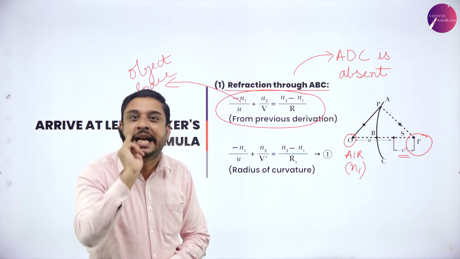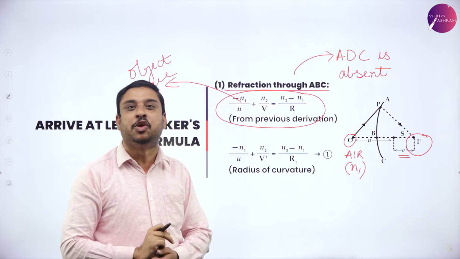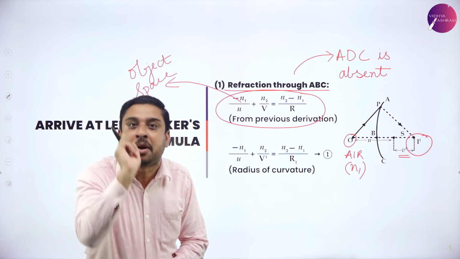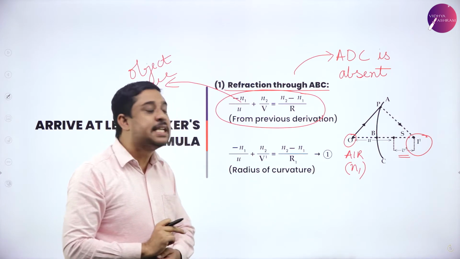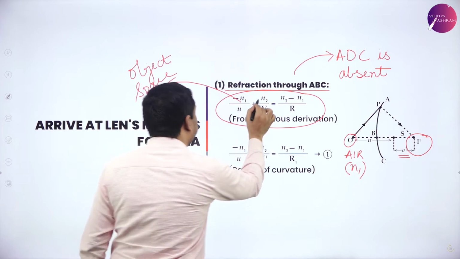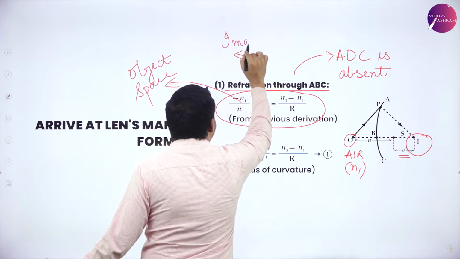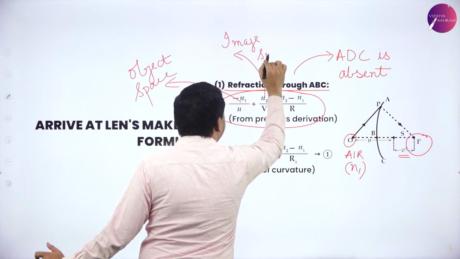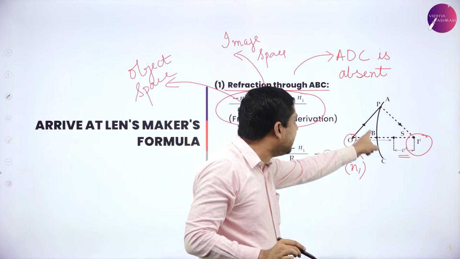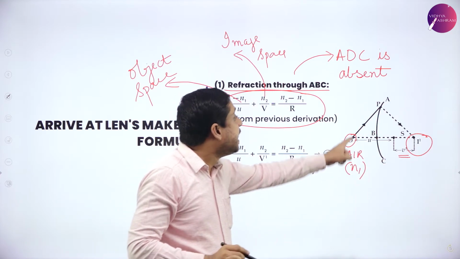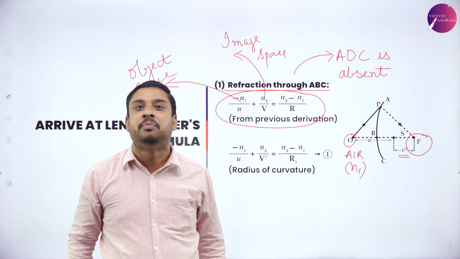Which medium is causing the image, which medium is forming the image, that is what we call as image space. Here, light is incident on the lens, emerging out, and the image is formed.